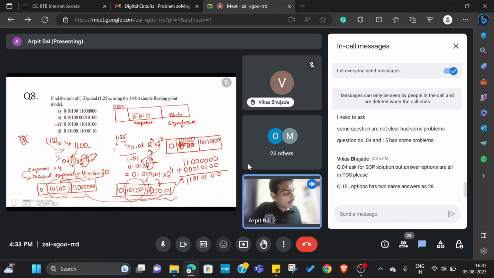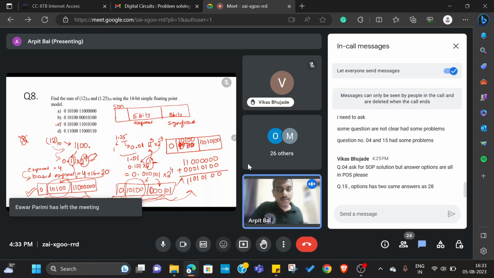And once we have the final representations in the simple floating point model, we can directly add the significands over here, okay, and this is our final result.